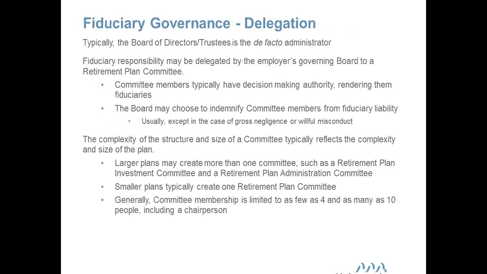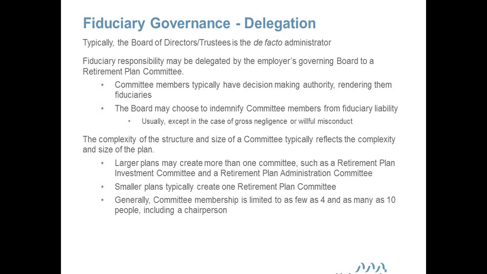So now that we know all about our fiduciary duties, what do we do? The first part of the administration of those fiduciary duties has to do with delegation. We've talked about that a few times.